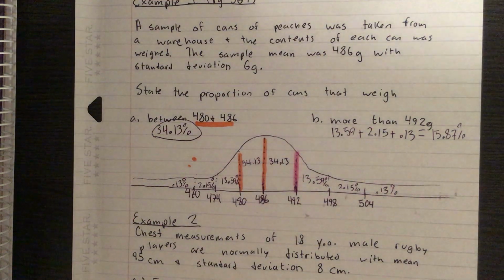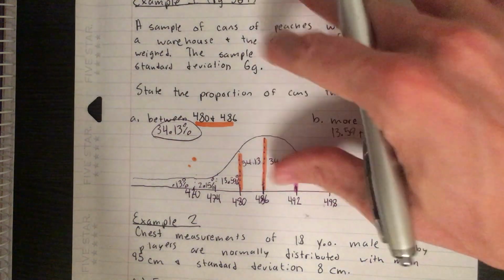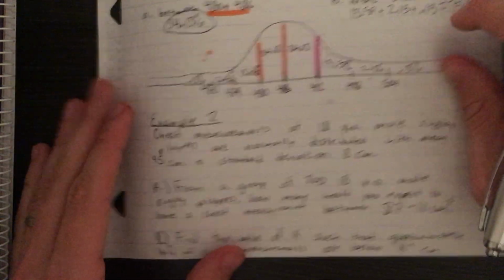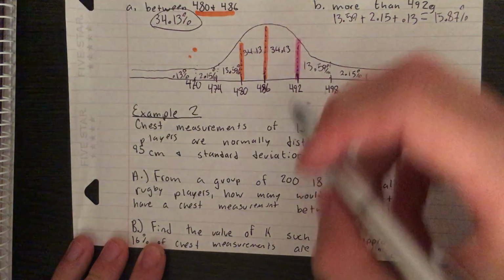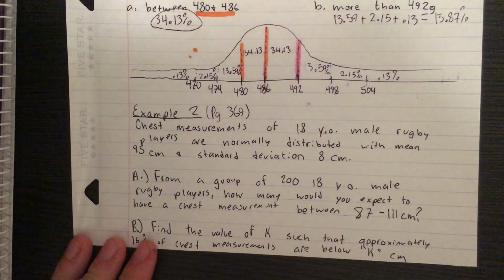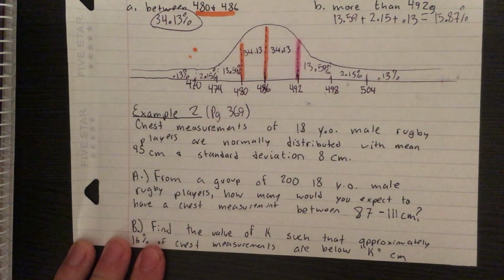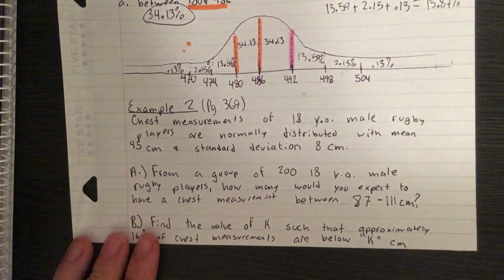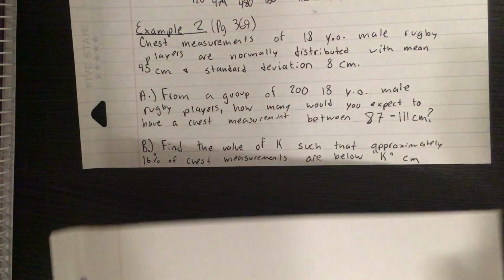We're going to look at one other example for a normal distribution today. This is example 2 in your book, on page 369. We're looking at the chest measurements of 18-year-old male rugby players. They tell us that those are normally distributed with a mean of 95 and a standard deviation of 8.